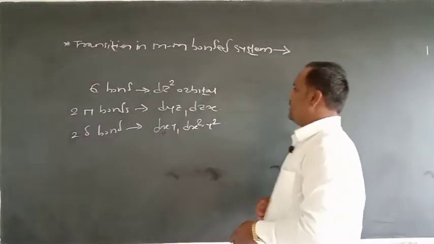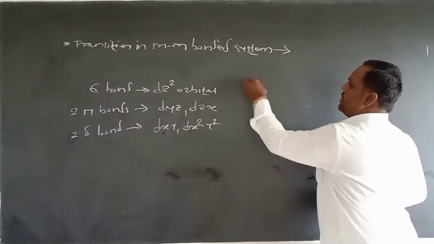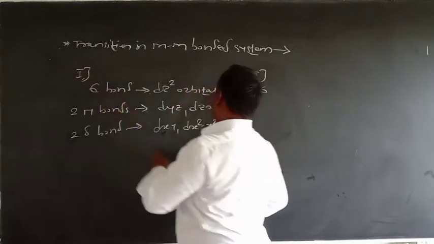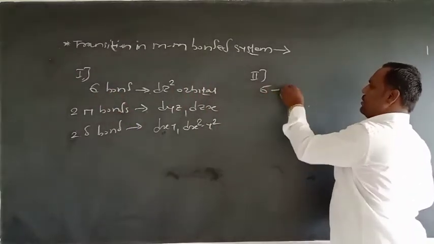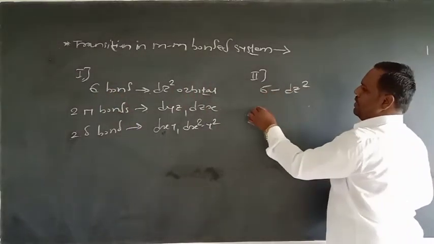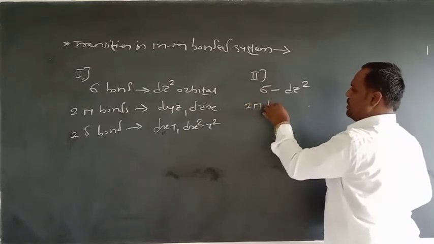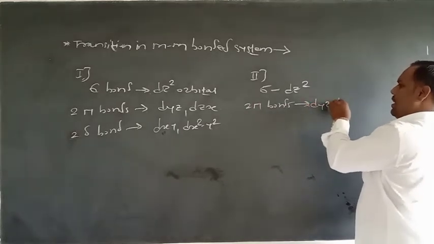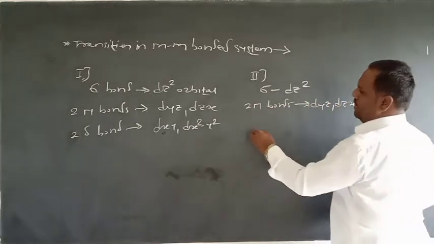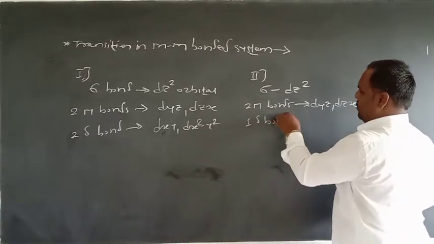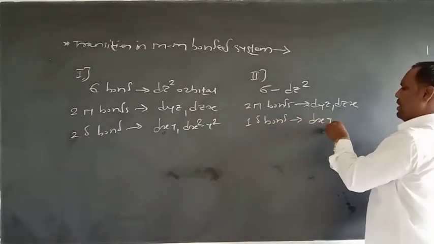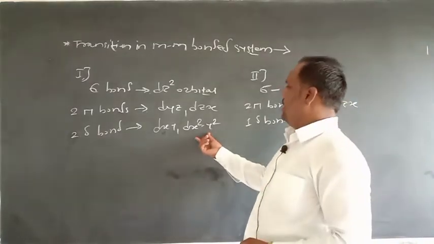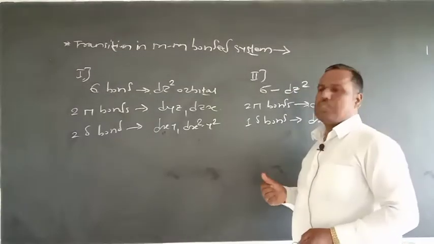In the second case, there is a sigma bond by the overlapping of the dz square orbital, two pi bonds by the overlapping of dyz and dzx orbitals, and only one delta bond by the overlapping of the dxy orbital, because the dx square minus y square orbital is involved in bonding with the ligand attached to the metal.